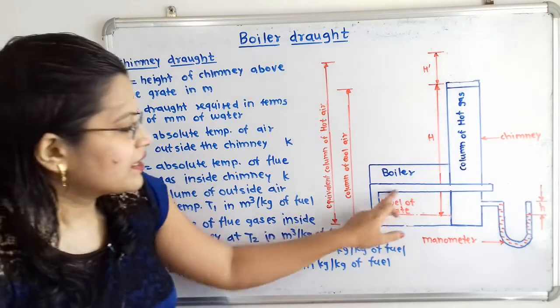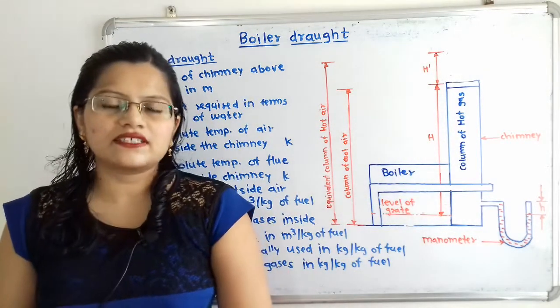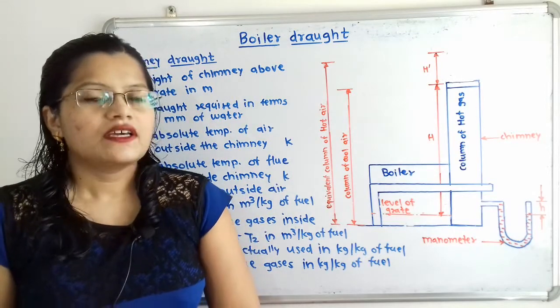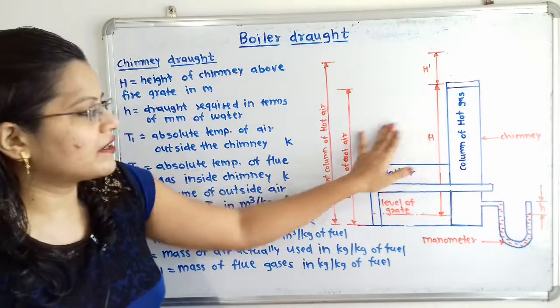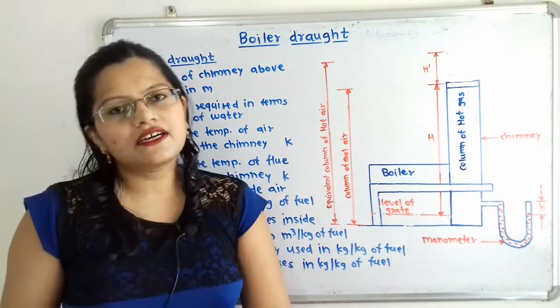Now when the combustion process is taking place, then hot flue gases are getting generated. Now we know that the outside air, that is air outside this chimney, is having higher density.